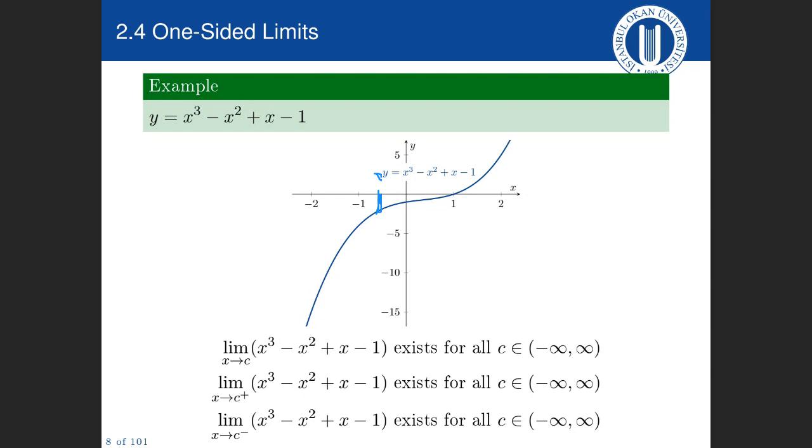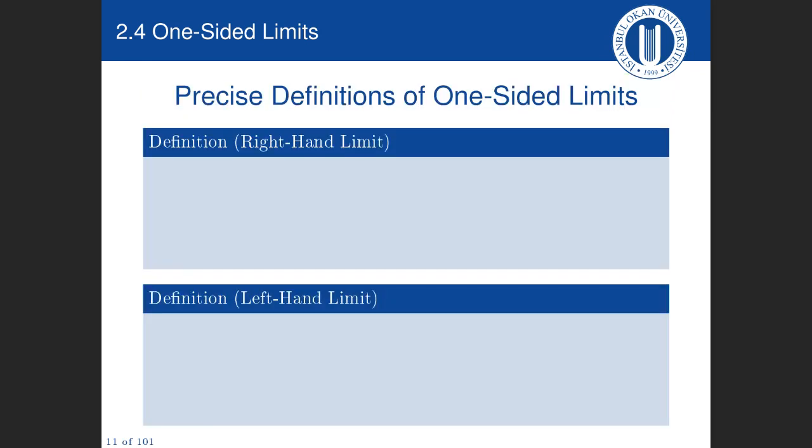So the limit exists. We can say the same thing for the right-hand limit. If x is close to c, but on the right, then the function is close to f of c, and the same on the left. We're going to go into more detail later when we start using the precise definition, which I'm going to introduce now.